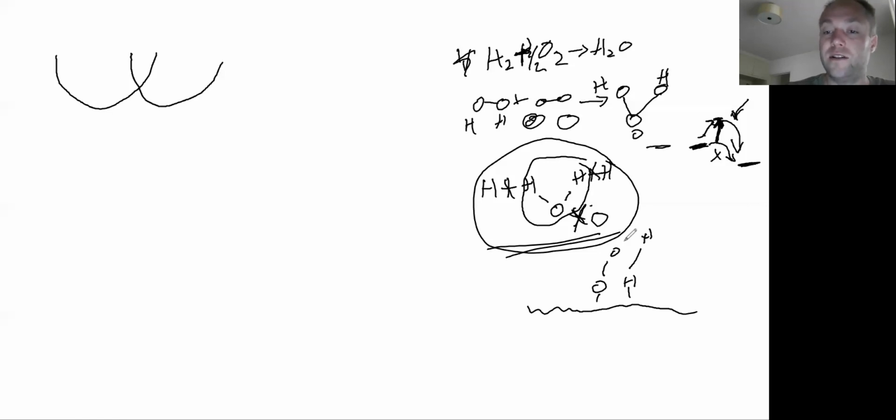Then you can have another hydrogen, and these can come and whack onto this oxygen, and these will leave. Then these can all get together, and these can leave. You imagine the infinite number of chemistries of all the different ways these could react together, but essentially you need these three atoms to all whack together and stick.